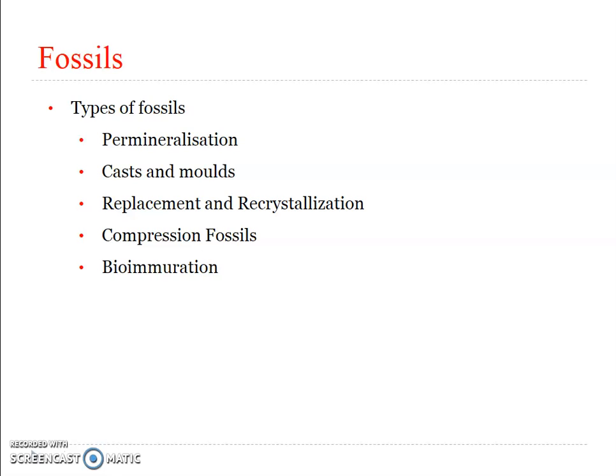Now these are the different types of fossils. There are actually 5 types: permineralization, casts and molds, replacement and recrystallization, compression fossils, and bioimmuration. These things we will be dealing with in detail in the next presentation.